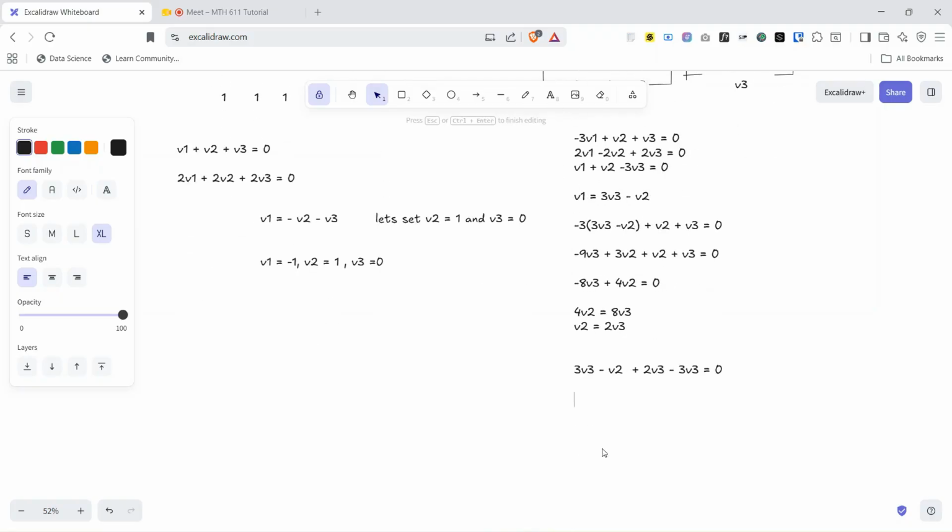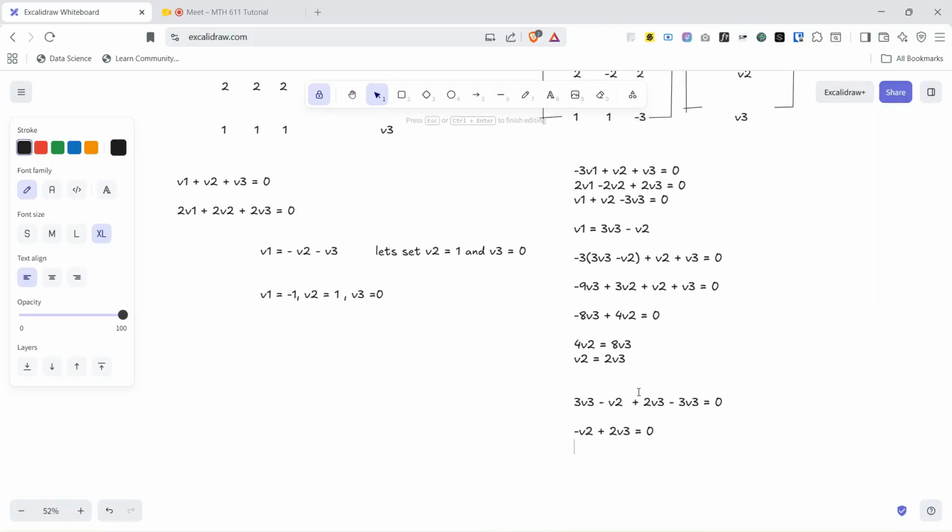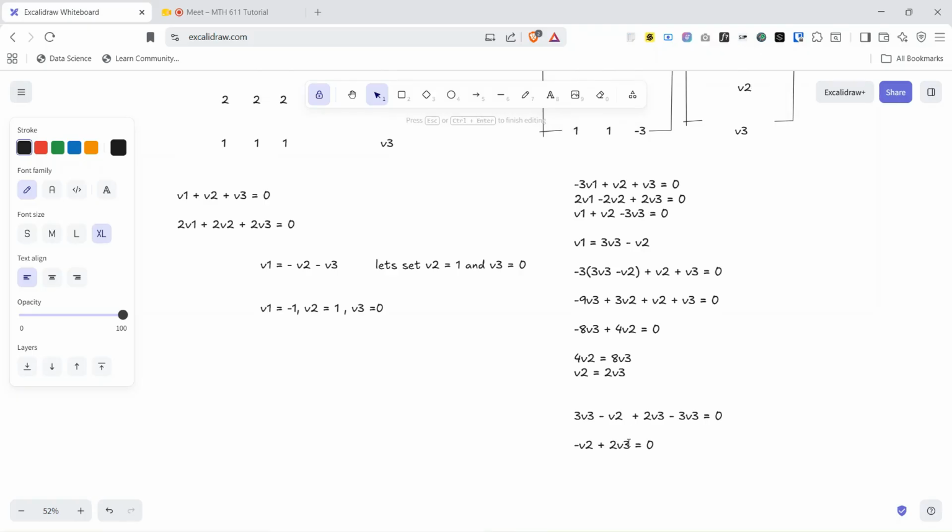So 3V3 minus 3V3 cancels each other. Minus V2 plus 2V3 equals 0. We are still arriving at the same thing. V2 equals 2V3. Yes, we are arriving at what we already have here.